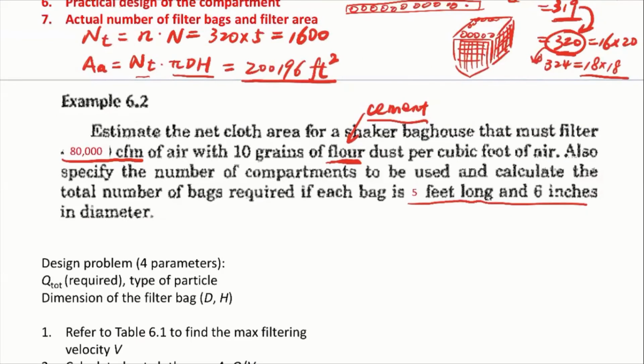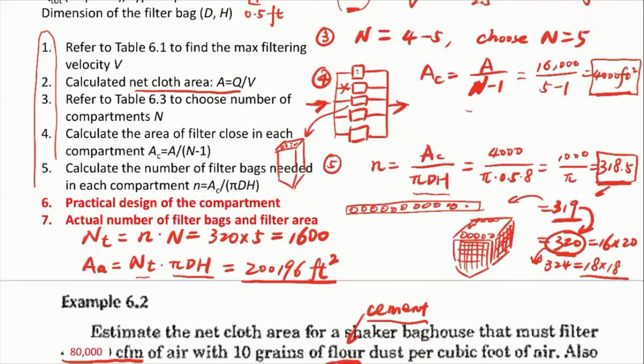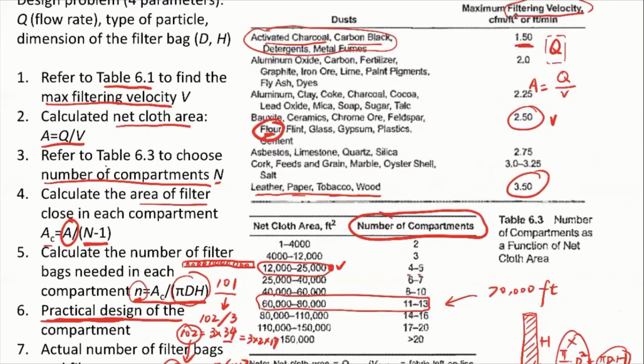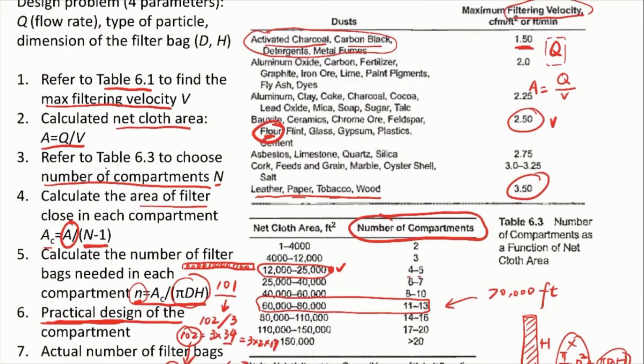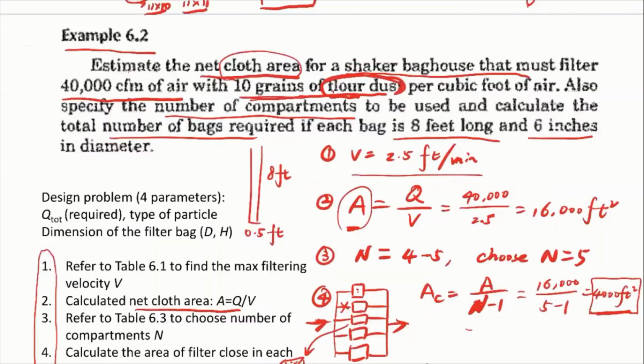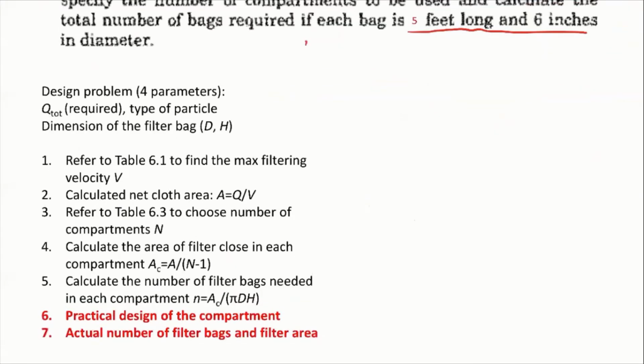So the lucky thing for the cement and the flour is that actually they're in the same category. So they share the same maximum filtering velocity. So because of that, we know that the V again is 2.5 feet per minute.